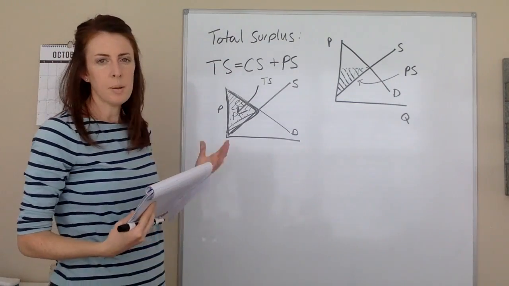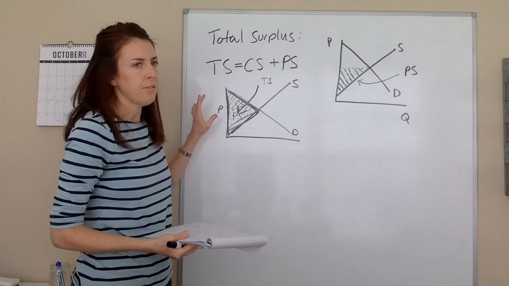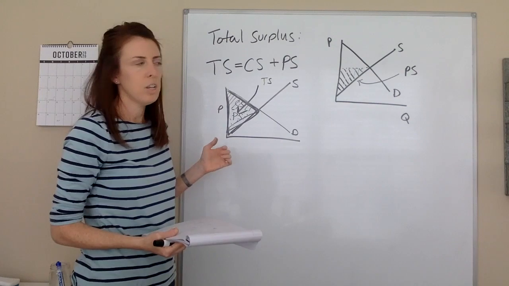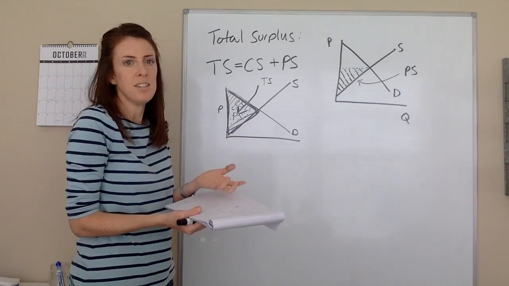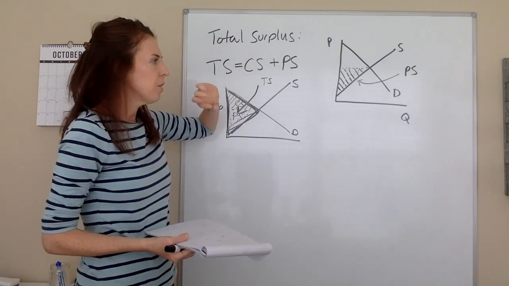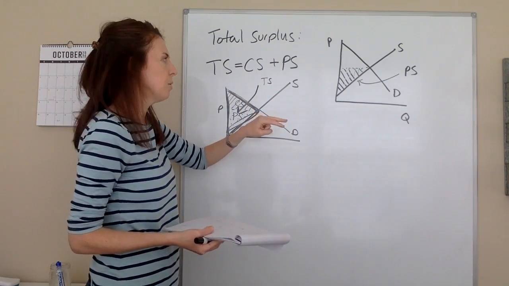So again, this is hopefully very intuitive. Okay, so how do we conceptually think about total surplus? Total surplus is effectively kind of like the well-being of everybody in society. So it's kind of like we take the people who are buying in the market, we figure out how much goodness they get out of participating in this market. We do the same thing for the other side of the market. So now we've got both the suppliers and the demanders.